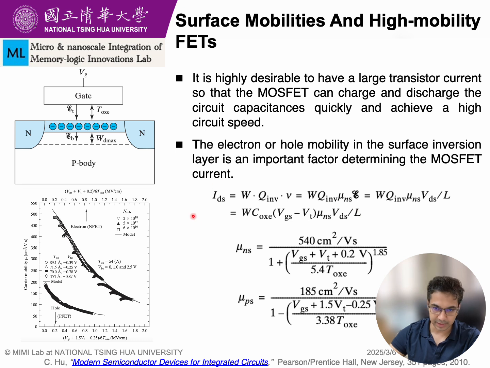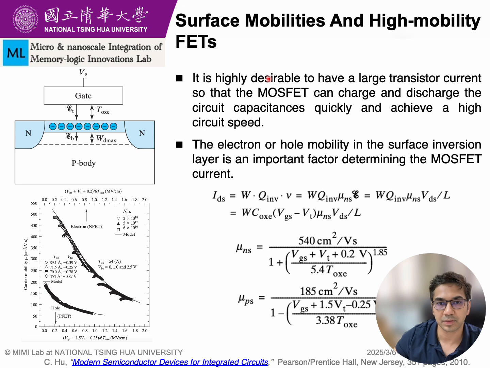equation of the n-type MOSFET is given by this. And the graph on the left side shows the relationship between the carrier mobility and gate voltage for both n-type and p-type. We can also see how the mobility changes with the gate voltage.